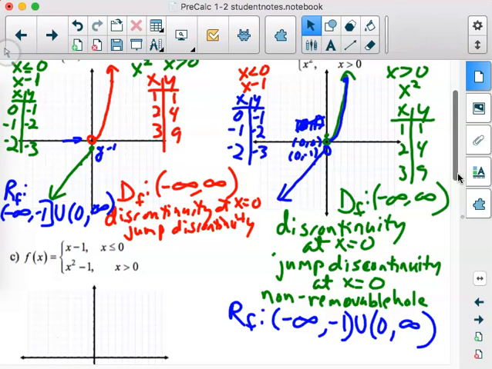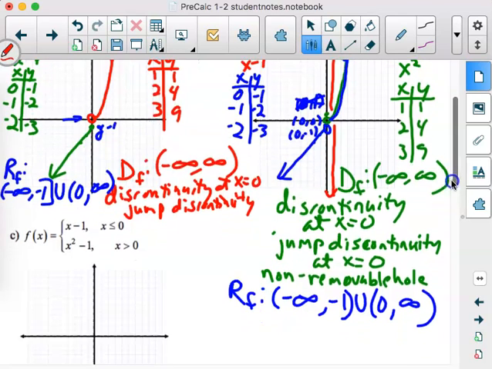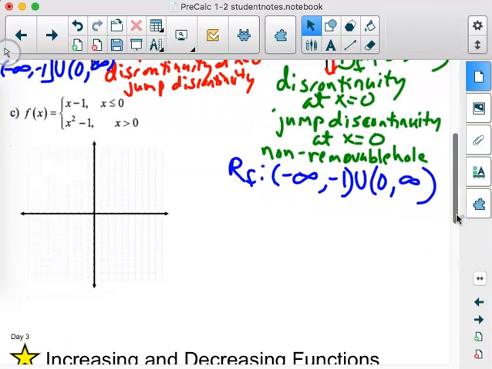Because for range, we have to think about the graph this way. What's happening? Well, we're going down forever, but we do have a break in that graph, a jump discontinuity from -1 to 0. But then it's going to go forever and use all the other y's. So it's a different thinking than our domain piece is.